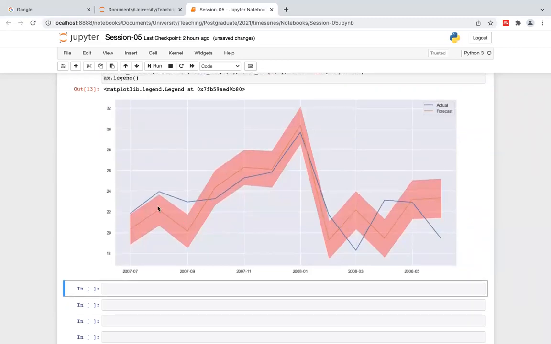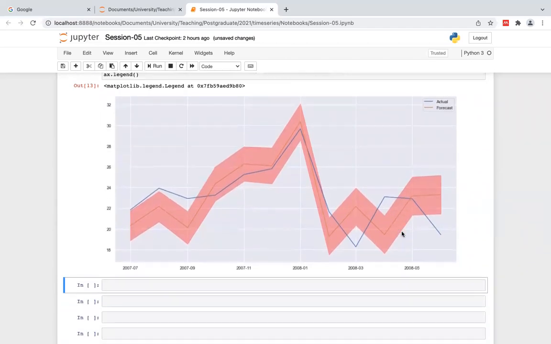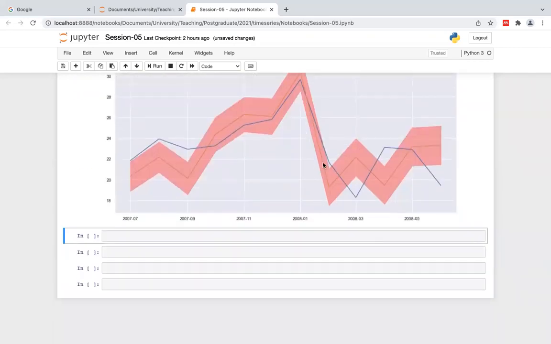Actually, in here it's trained well, but in the latter part there is some issue, right? But this is the real observation, only for the test data.